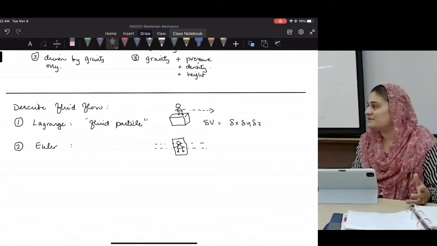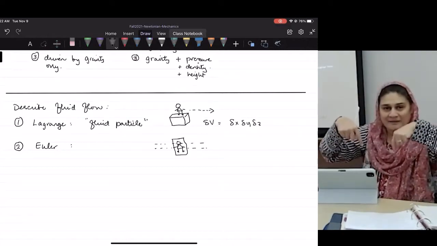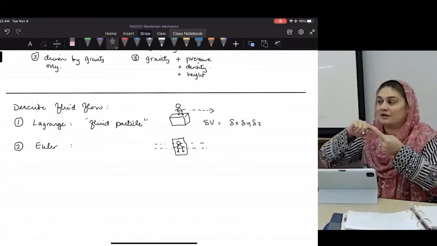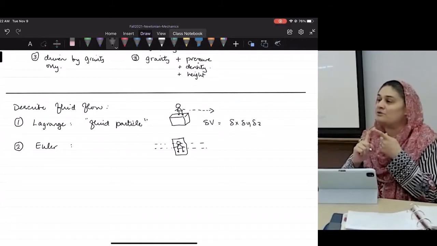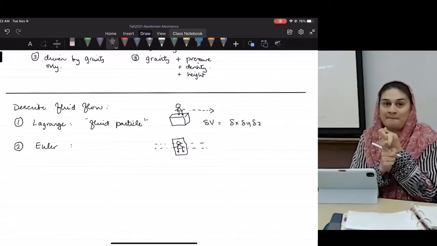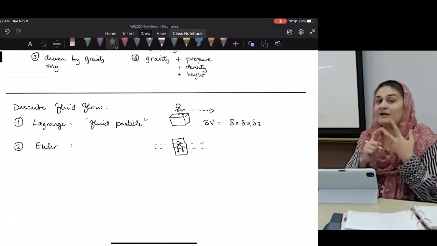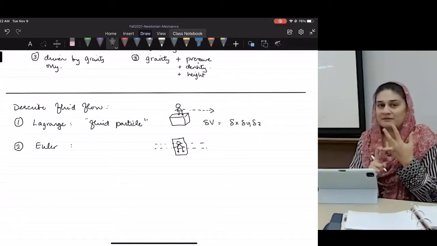That makes my life easy. Now I'm just standing there watching as the fluid goes through. I can look at it. So if I can figure out the density of the fluid and I can figure out the velocity of the fluid, can I figure out the position from there?